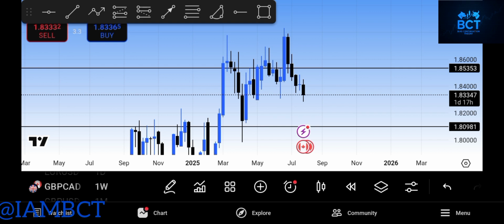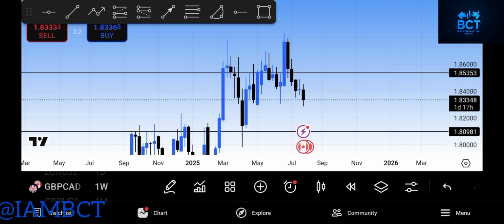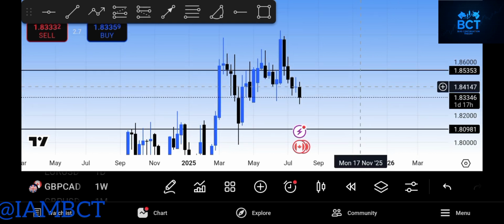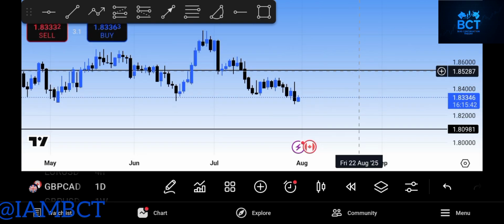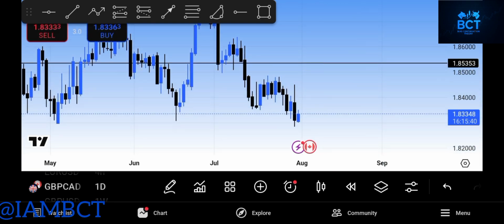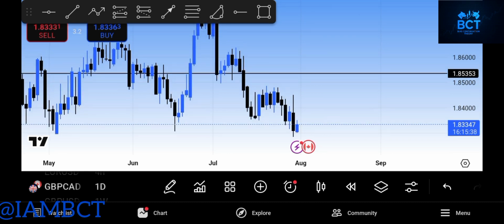Like for me, I don't go into any trade without doing my top-down analysis. That is how I see this market. So as you can see, we should be looking for our entry from anywhere from this zone right now, and that is it. I got where I'm looking at something already.